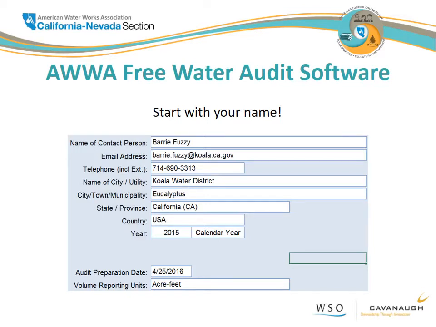But down here at the bottom, here's one that is critical for the function of the reporting worksheet, and that is volume of reporting units. It's important to specify. If you're a California utility, you might be working your audit in terms of acre feet. You also might be working in terms of million gallons. So this is where you would specify that, on the instructions worksheet down here at the bottom.